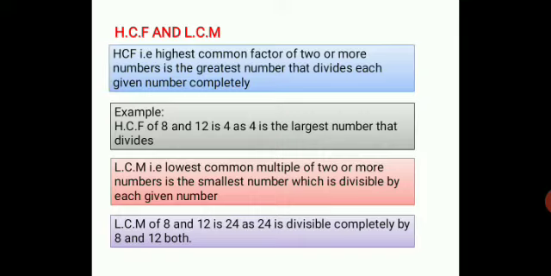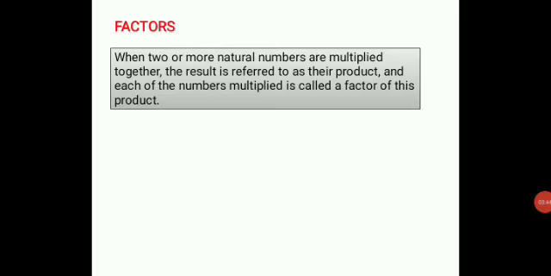Okay. Next, factors. When two or more natural numbers are multiplied together, the result is referred to as their product, and each of the numbers multiplied is called the factor of this product. See, when you multiply two numbers, 2 4s are how much? 2 4s are 8.